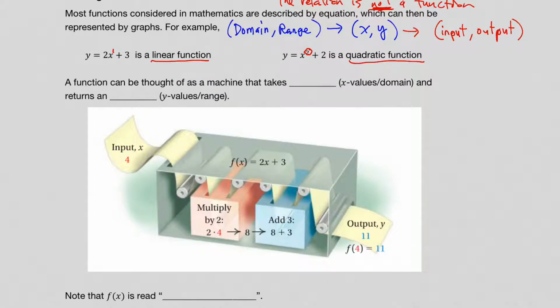A function can be thought of as a machine that takes input, which is the first values or the x values, and returns or produces an output, or the y values or the range. Okay?